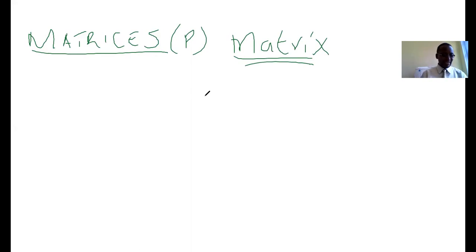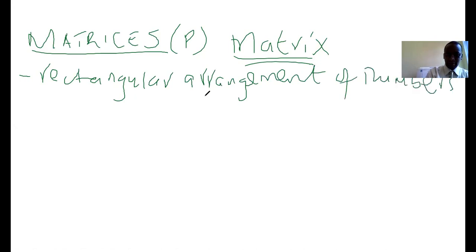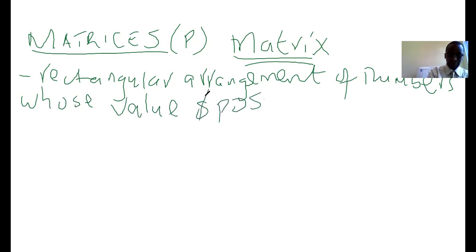A matrix is a rectangular arrangement of numbers whose value and position have a meaning or are significant.